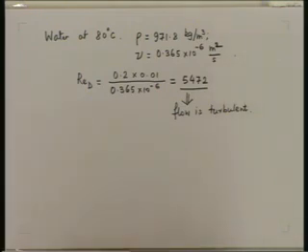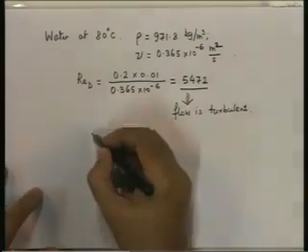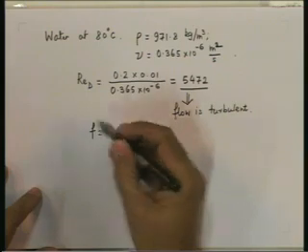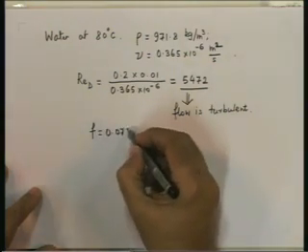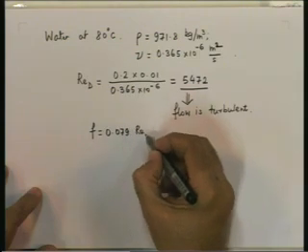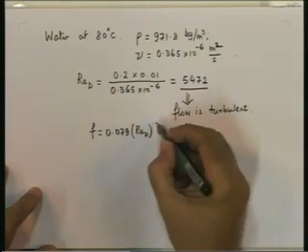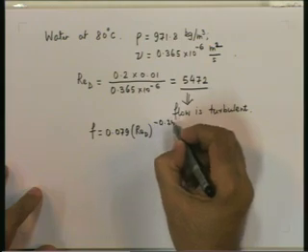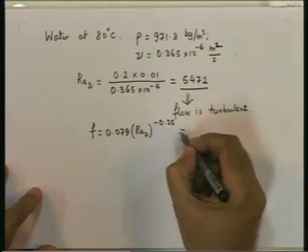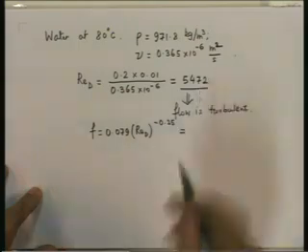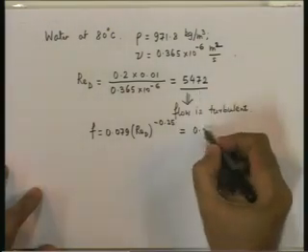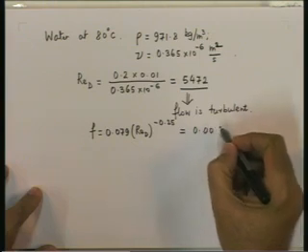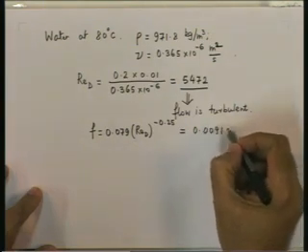Using that correlation, f equals 0.079 Re_D raised to minus 0.25, and substituting this new value of Reynolds number, we will get our friction factor at 0.00918.